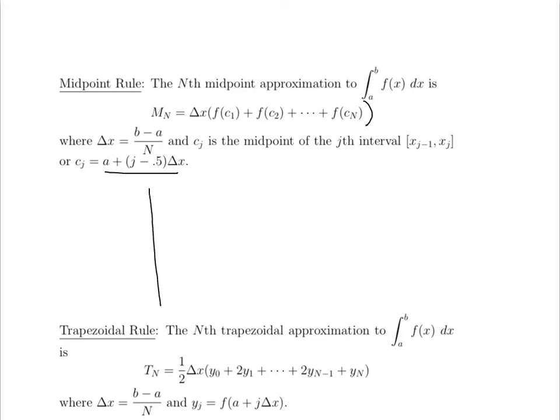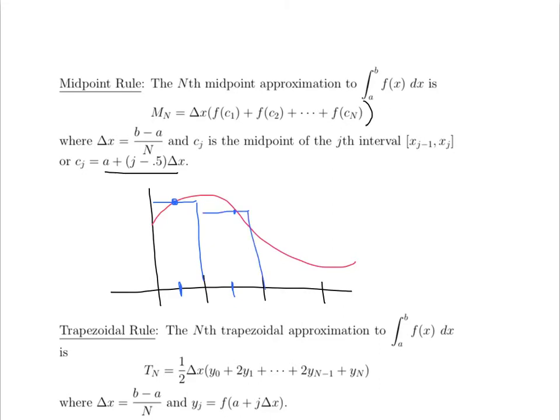So here, for example, we'll draw this out so you can see what it looks like visually. We have some curve, and we're going to break it into 3 pieces. What we would do is find the midpoint of each interval, which is here, and we would use that as our height for that rectangle. Similarly, here might be our midpoint, so we would come here and draw this one, and this might be our midpoint here, and so we would use this height and draw this one.